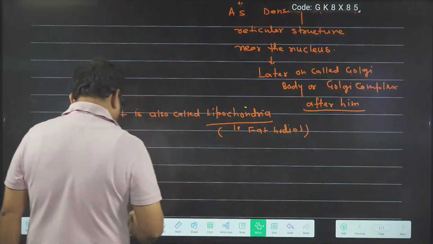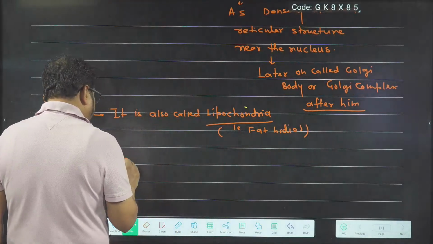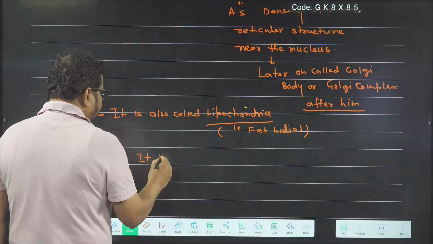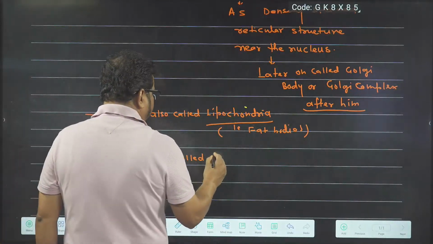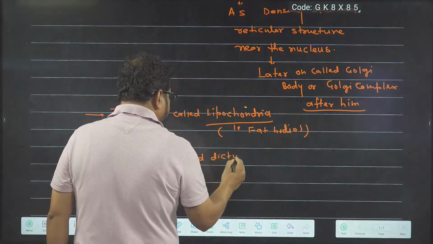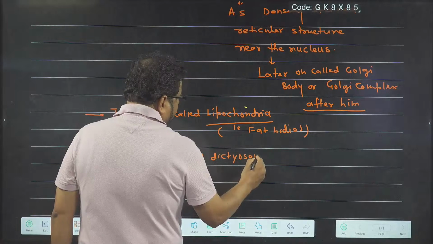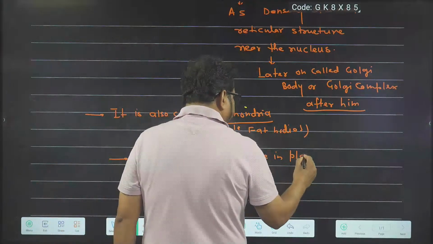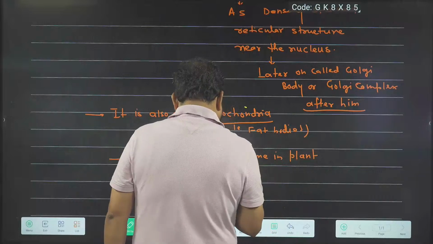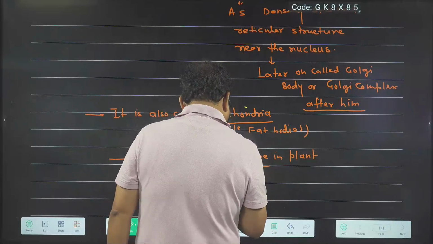In plants, Golgi complex is called dictyosome. It is called dictyosome in plants.